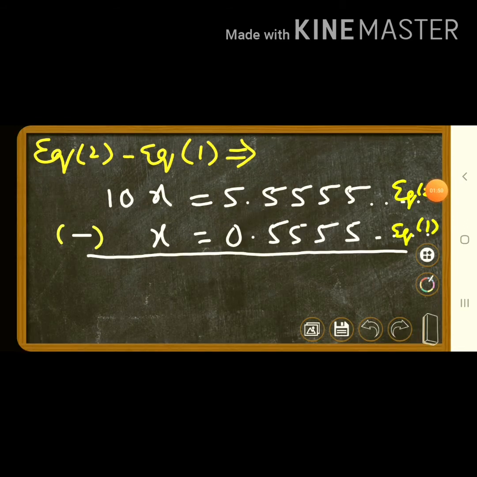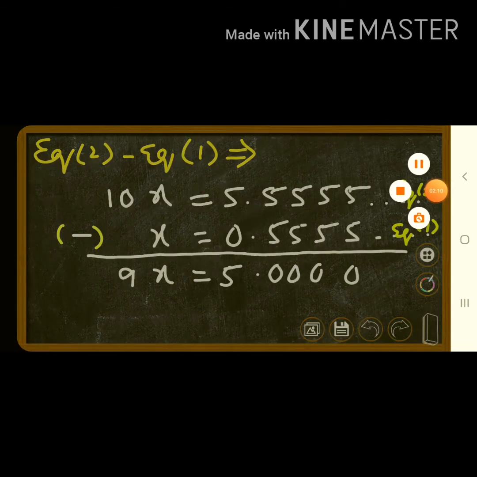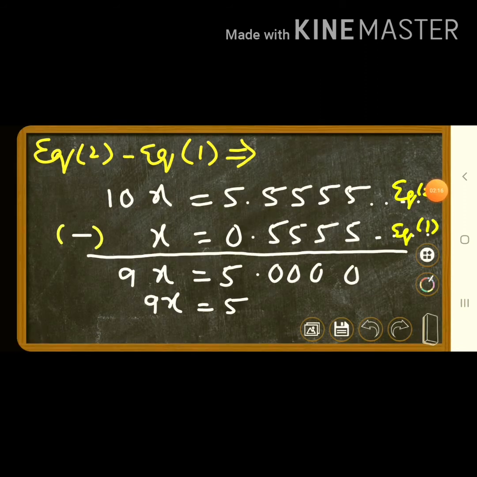We get 10x minus x is equal to 9x here, and as we go on subtracting from the right hand side, 5 minus 5 is 0, 5 minus 5 is 0, 0, 0, and here the point 5 minus 0 is 5, which is nothing but 5.000, that is 5. Here 9x is equal to 5, so x is equal to 5 by 9. So x is equal to 5 by 9. 5 by 9 is the P by Q form of x is equal to 0.5 bar.